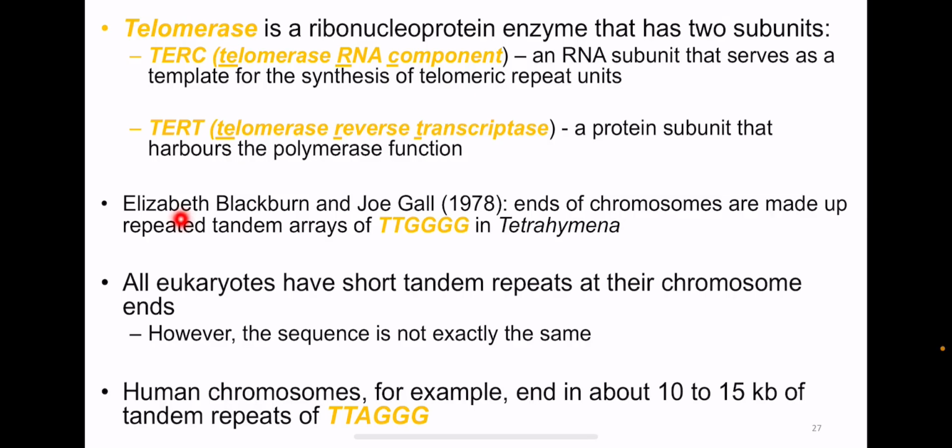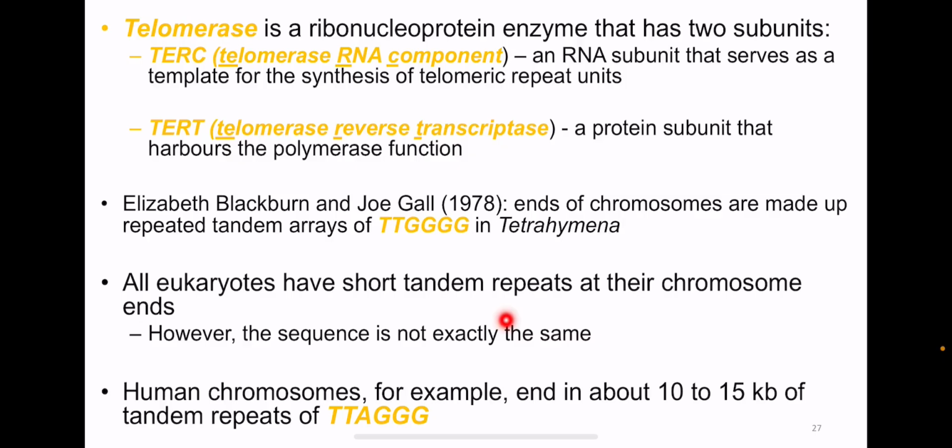Elizabeth Blackburn and Joe Gall said that the ends of chromosomes are made up of repeated tandem arrays of these sequences. In Tetrahymena it is TTGGGG, but in humans it is TTAGGG.